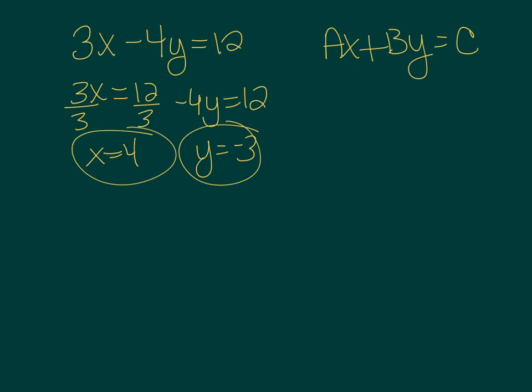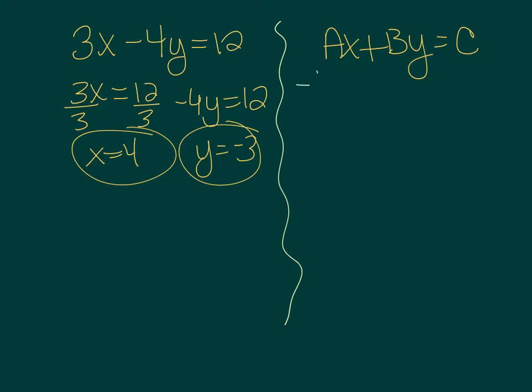So let's take a look on the right-hand side of our screen at standard form: Ax plus By is equal to C. If I want to solve this for y, for slope-intercept form, we just want to manipulate this.